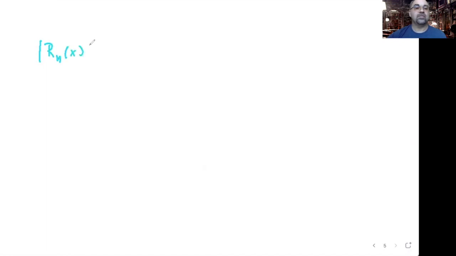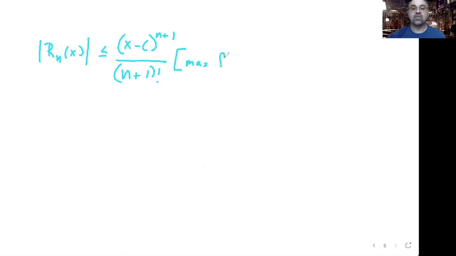But what I can tell you, if I rewrite that term just a little bit, if I move the x minus c into the numerator, and I put the derivative out here and say, find the maximum value of the n plus 1th derivative evaluated at z, with absolute value signs, then I can at least give you an upper bound, an upper limit for how bad the approximation is going to be. And that's really what we do with Taylor's theorem.